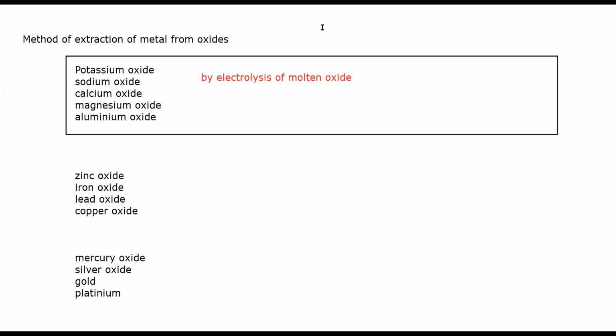I will take an electrolytic cell, which has two electrodes, anode and cathode. I'm not drawing in detail, just mentioning the points. So one is positive, another one is negative.